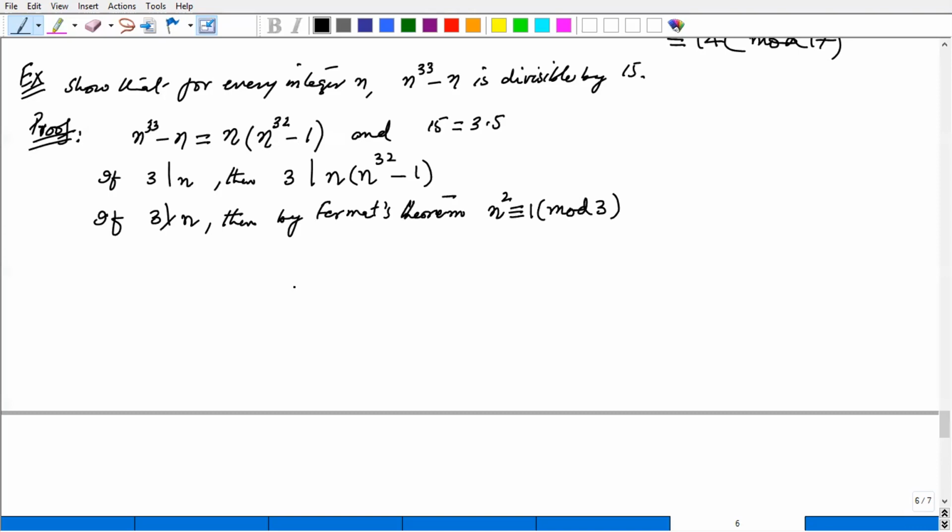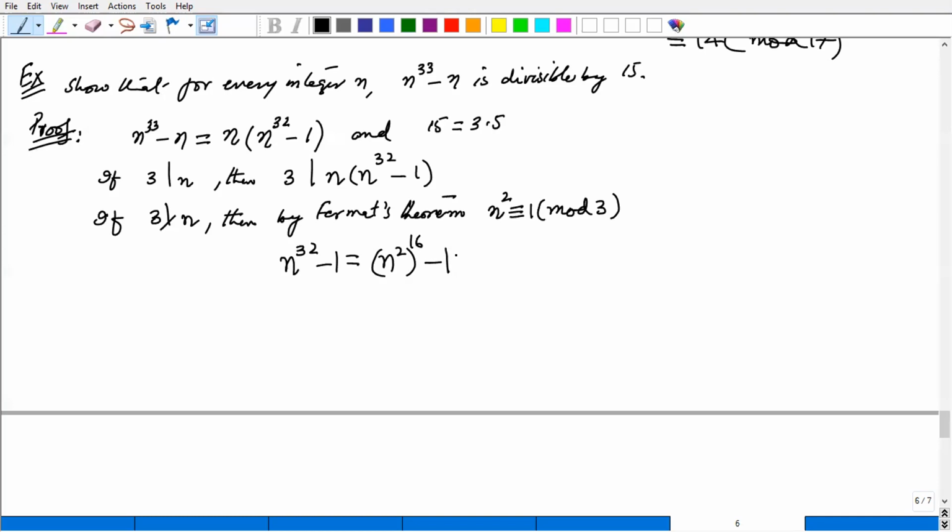Now n to the power 32 minus 1 is equal to n squared to the power 16 minus 1.